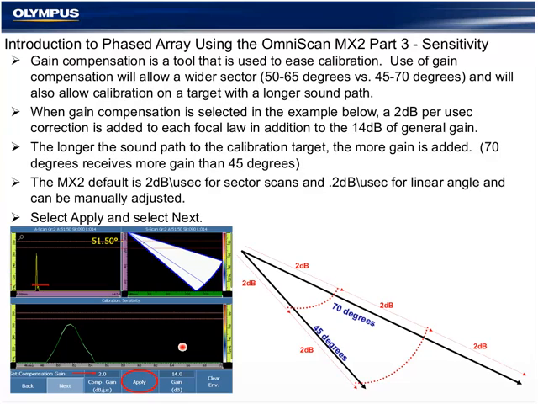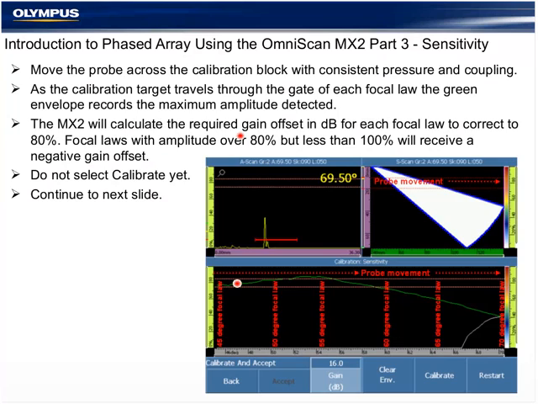So what this gain compensation does prior to calibration is add gain based on the sound path. In other words, the high angles would receive more gain prior to calibration than the low angles. And when the calibration window is created, it takes that into account.